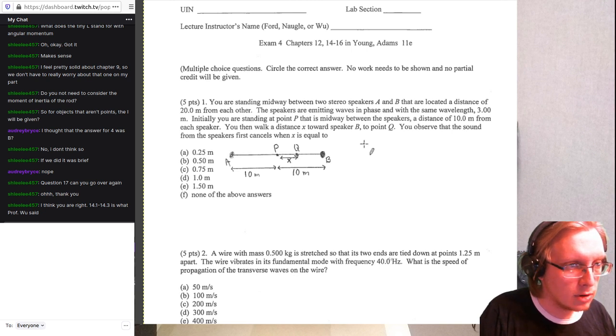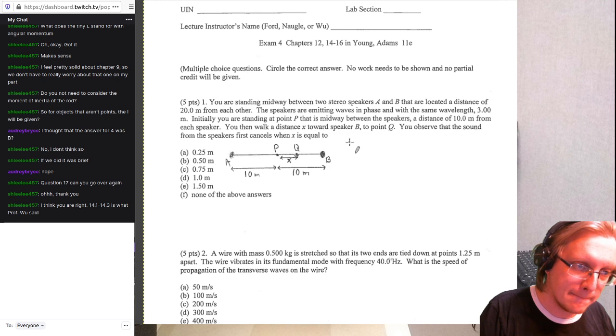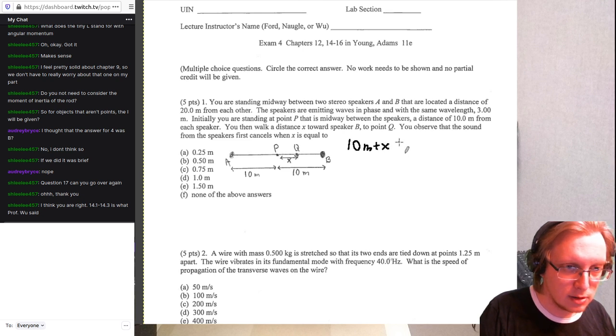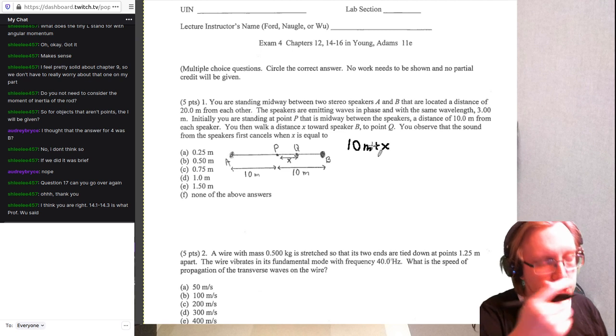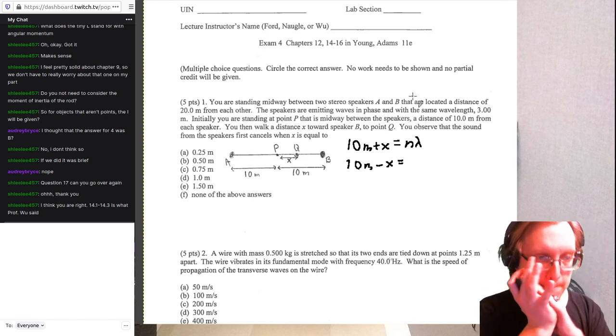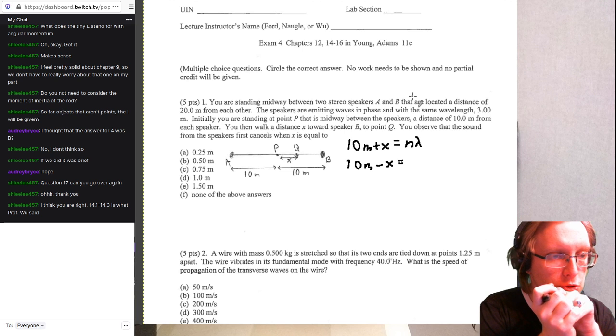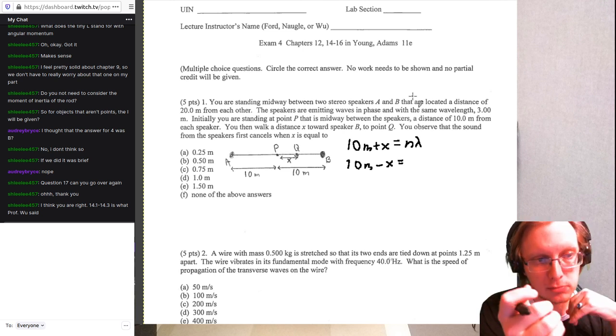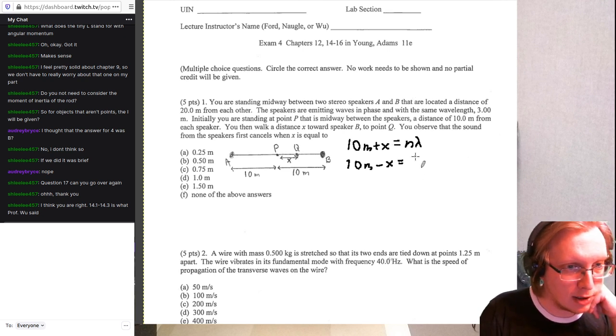10 meters plus x needs to be equal to n lambda. 10 meters minus x needs to be equal to m lambda?